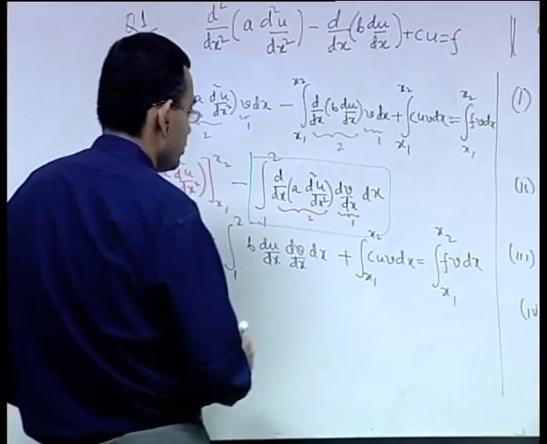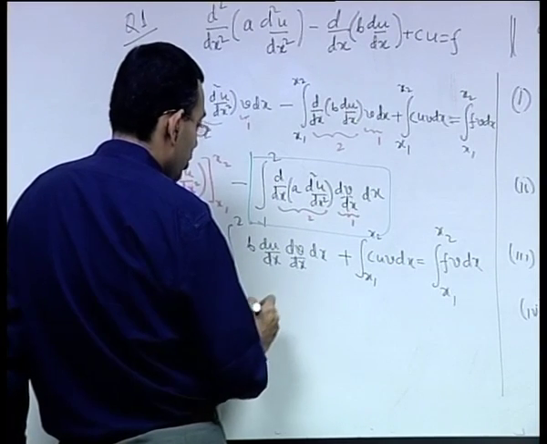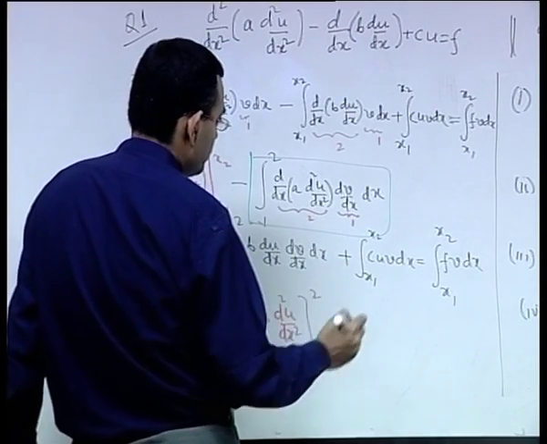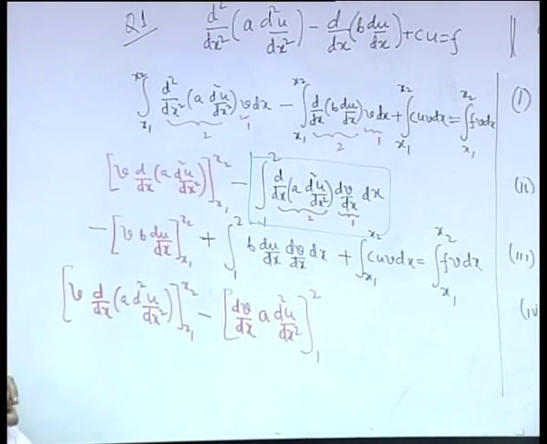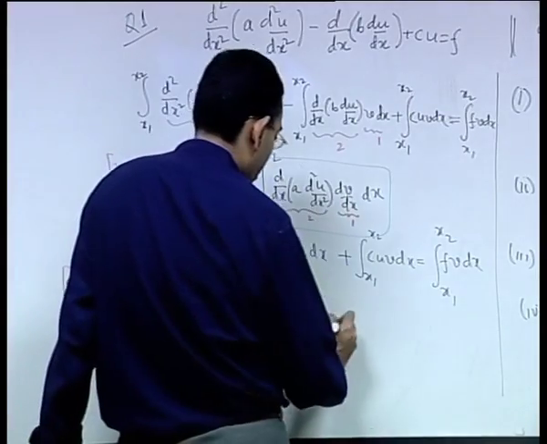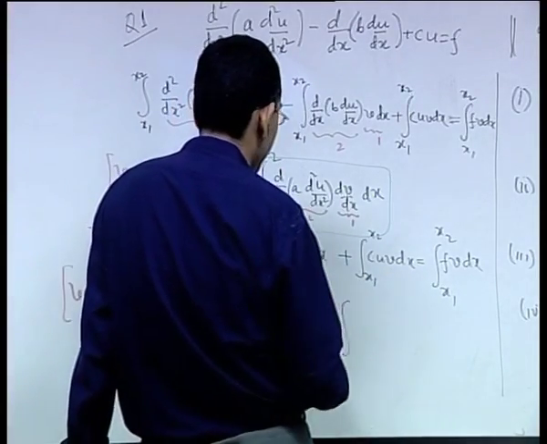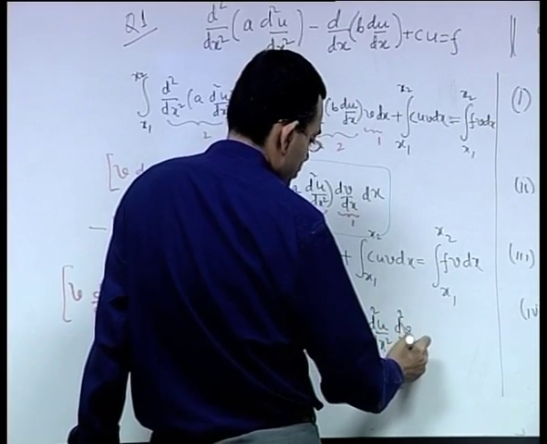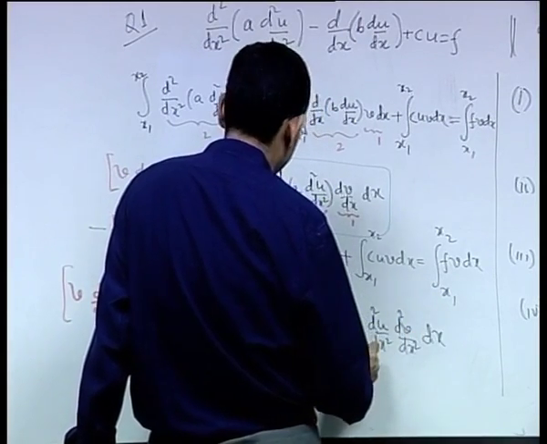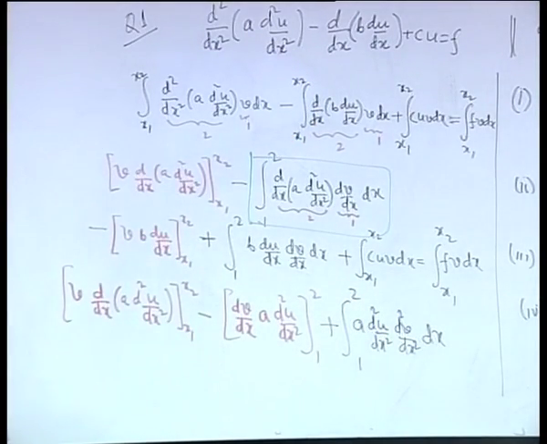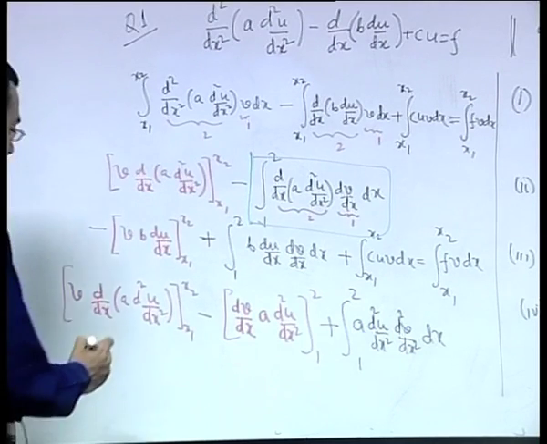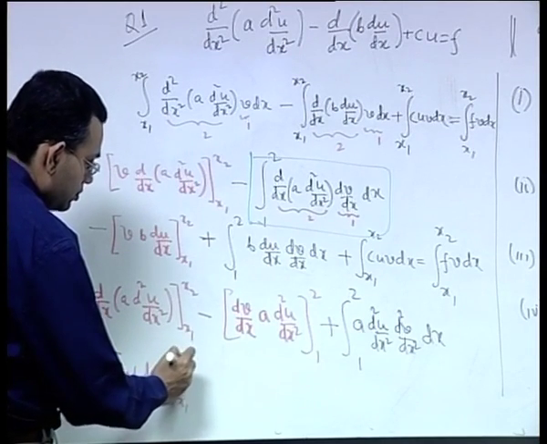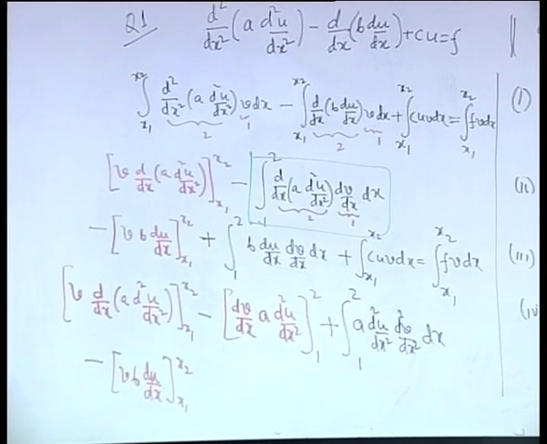So, first function into integral of the second, minus integral of the derivative of first into integral of the second, then there is a boundary term, and the remaining terms as they were earlier.